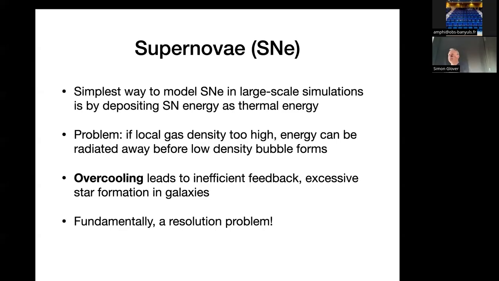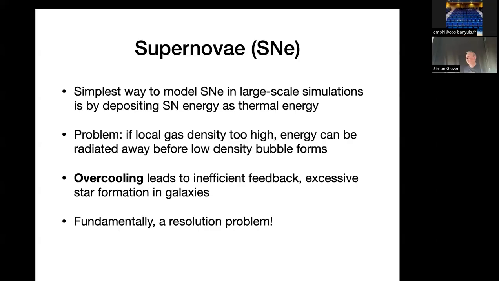So having no feedback is not good. So putting in supernovae is the most common thing to do, and the simplest way to model supernova explosions is to just dump in thermal energy to represent the energy released by each supernova. So basically, dump in the thermal energy that we expect each supernova remnant to have in its Sedov-Taylor phase.